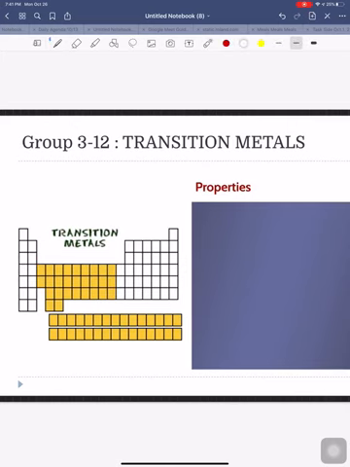So in this case, if I have copper, which is Cu, copper is in my transition block right here. If I've got copper, I can't just give you copper on a problem. I'm going to have to give you copper with Roman numerals after it. And that is to tell you the kind of copper that you're dealing with.